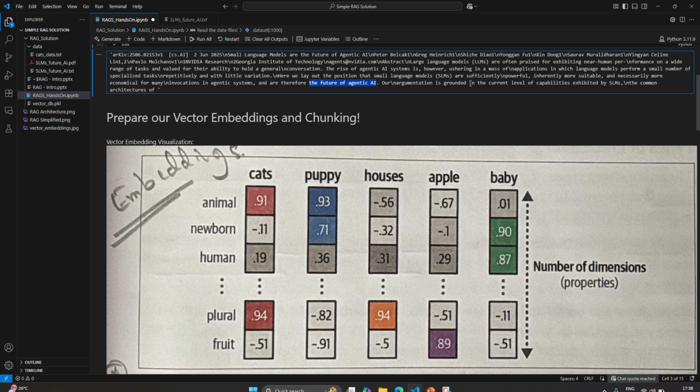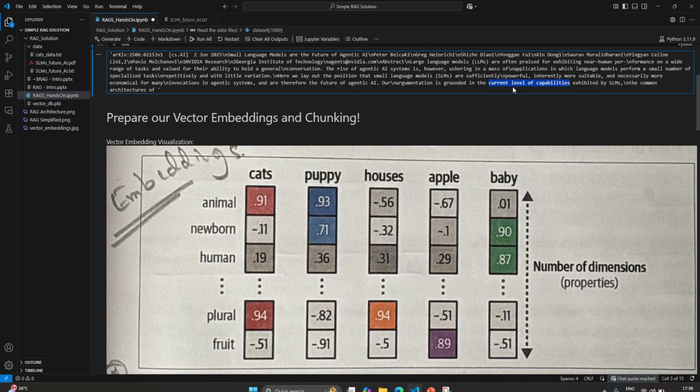If we take the current level of capabilities, the word current, put against electricity, will be very high. But put against tense, for example past, present or future, past will have a low score, present and current would have a very high score, and future would have a low score.